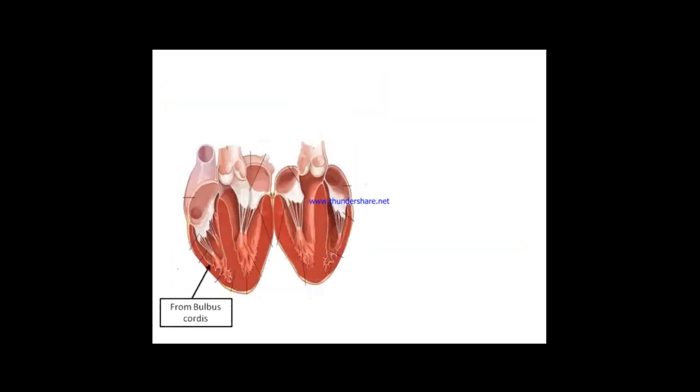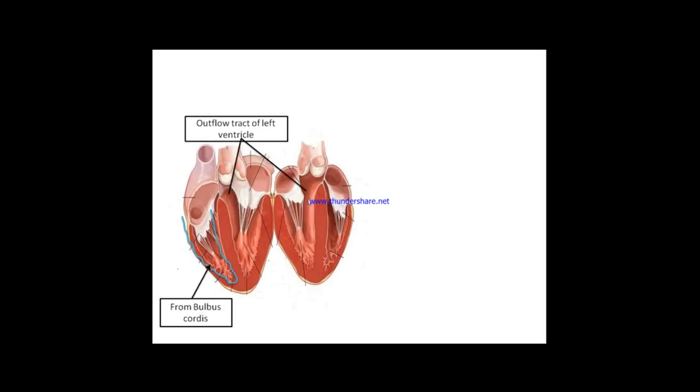Now these are the ventricular chambers. This rough portion of the right ventricle develops from the bulbus cordis. Now this outflow tract, this is the outflow tract of the left ventricle, the aorta.